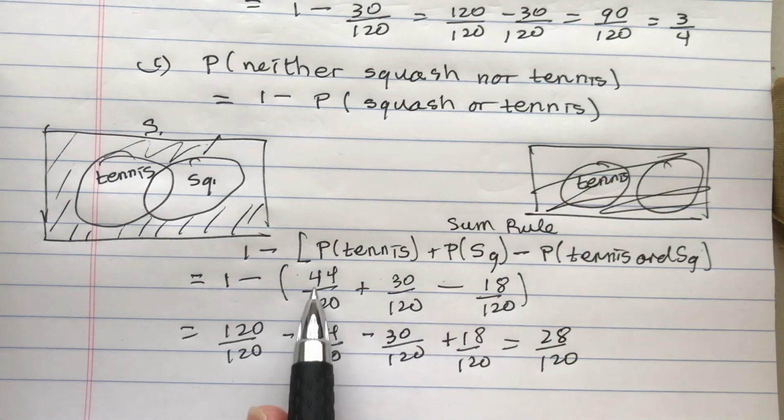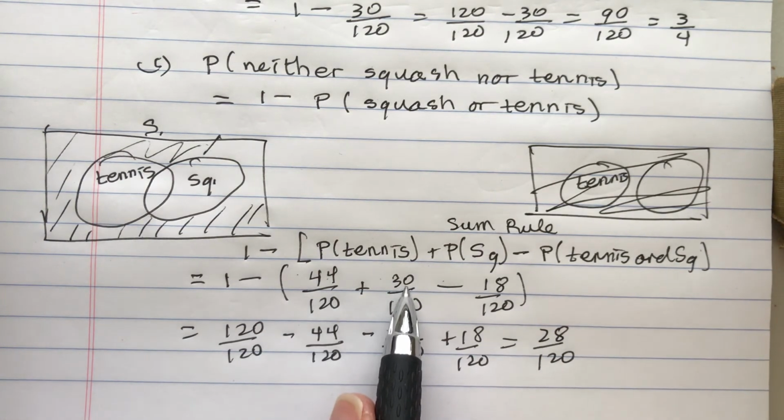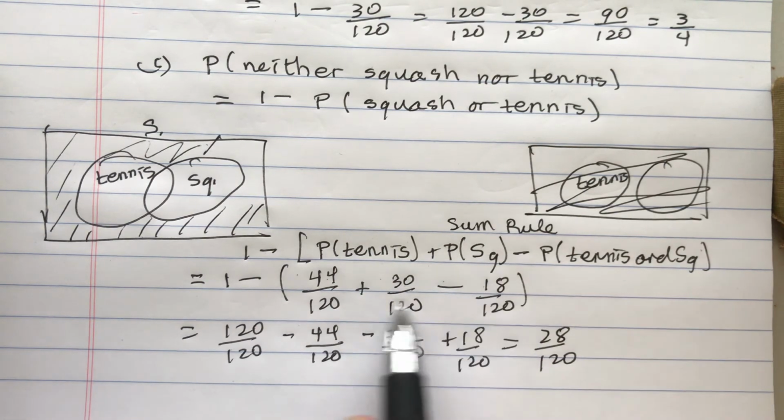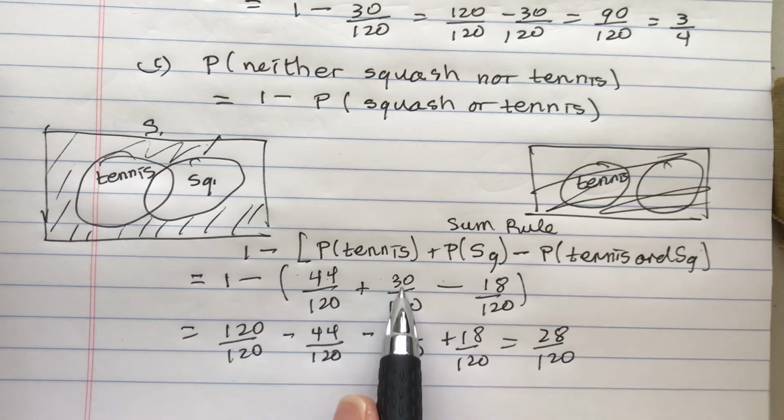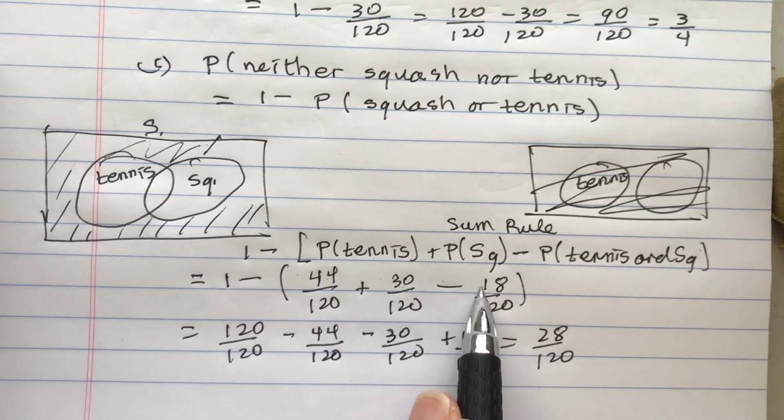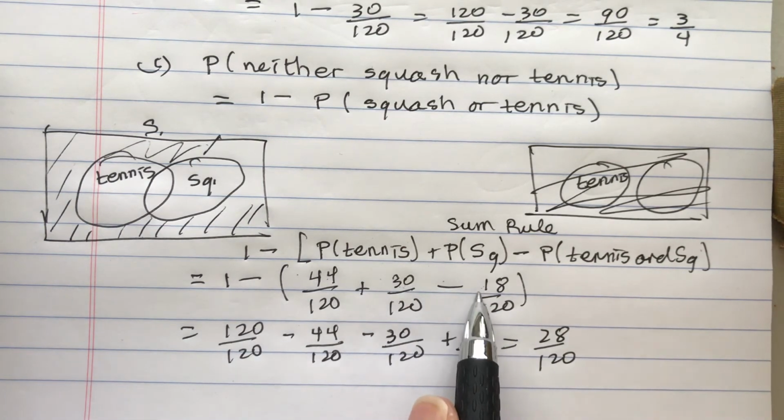Okay, let me try it again. 44 plus 30 is 74.